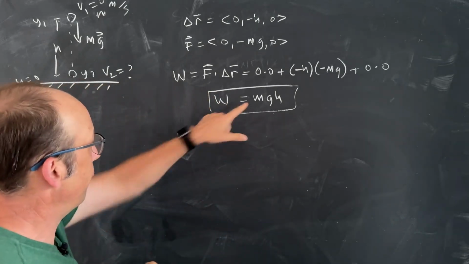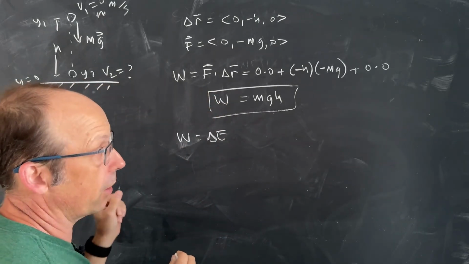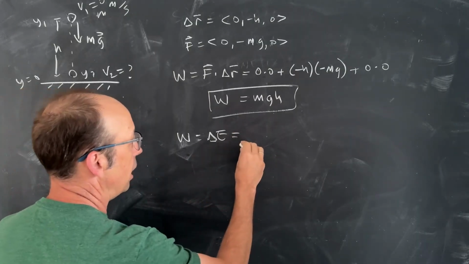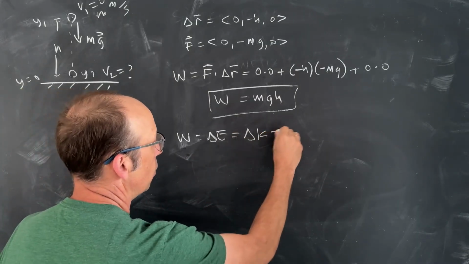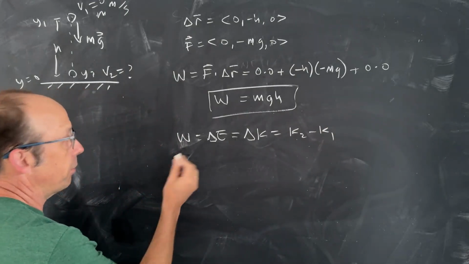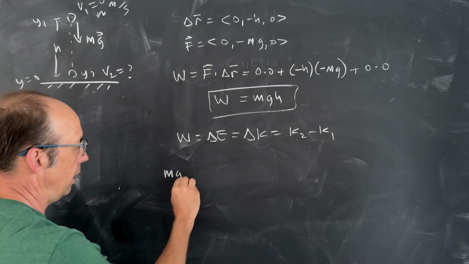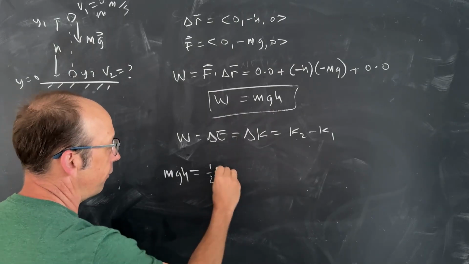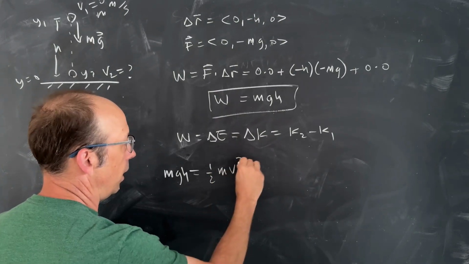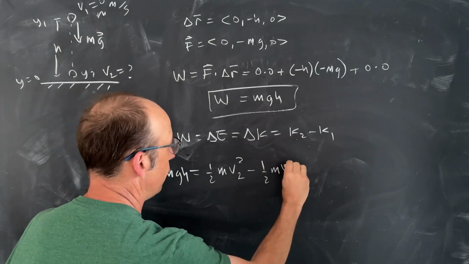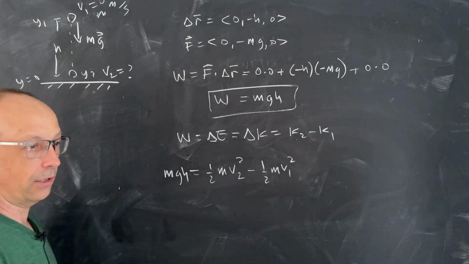So when we have our work, we can go ahead and write down our work energy principle. This is going to be the change in kinetic energy, which is K2 minus K1. Now I can put it all together. I have mgh, that's my work done, equal to 1/2 mv2 squared, my final kinetic energy, minus 1/2 mv1 squared, my initial kinetic energy.